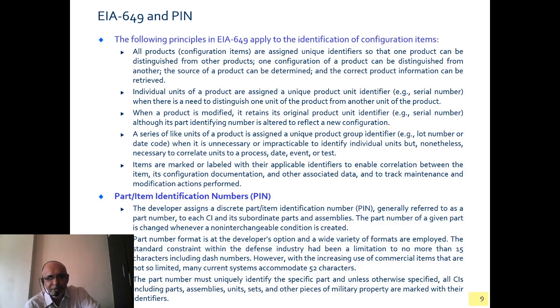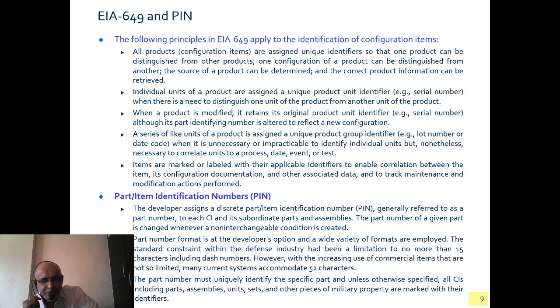identification, that is PIN. So who assigns this PIN? The developer. The developer assigns the PIN, right? And assigns the discrete part or item of the PIN, right? The part number format is the developer's option, but it should not cross 52 characters, because it is a standard for the current system not to go beyond 52.